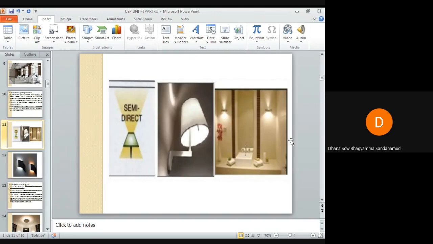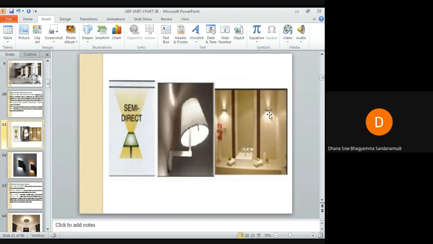There is one more example here. In this image you can see, based on the luminous intensity, that the luminous intensity on the bottom side is more when compared to the top of this lamp. You can see two lamps are fixed beside this mirror.